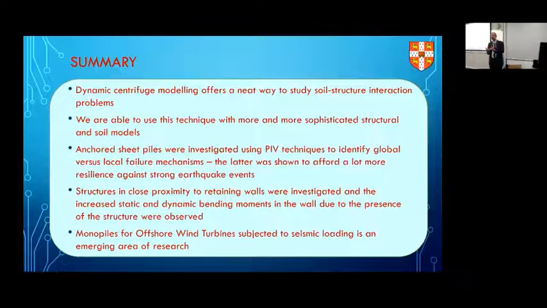Centrifuges play a big role equally. If I just want to look at heat transfer, then I can do that at a small scale, because there's no benefit in doing this increased gravity test. But where you have real structural elements like the piles, we need the centrifuge.